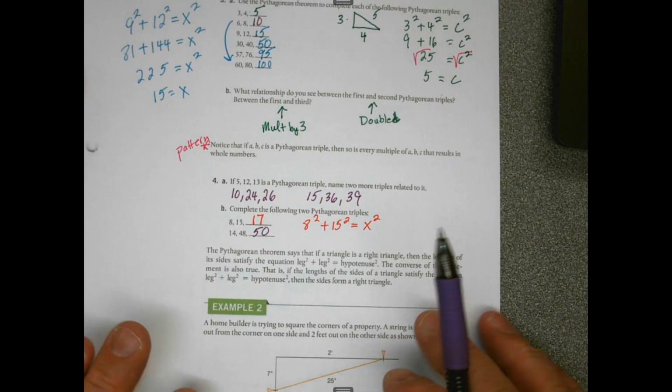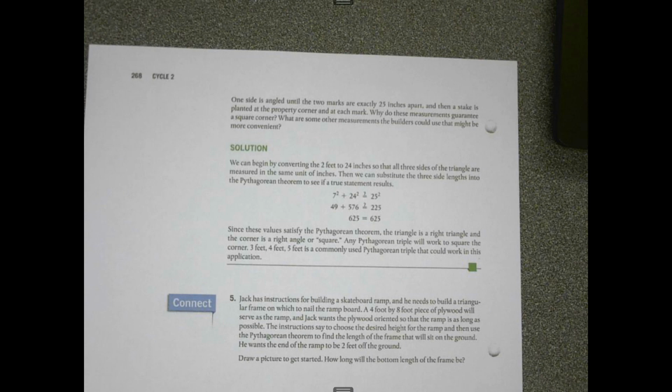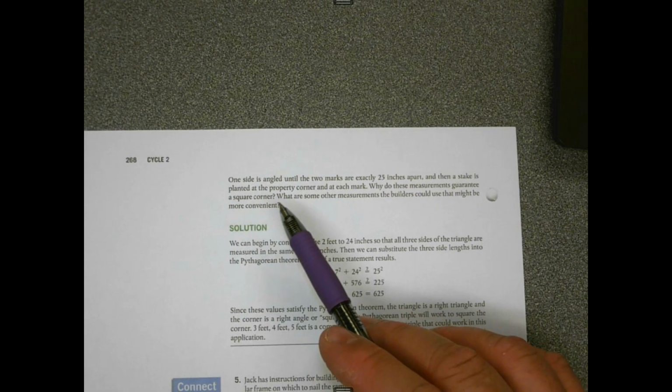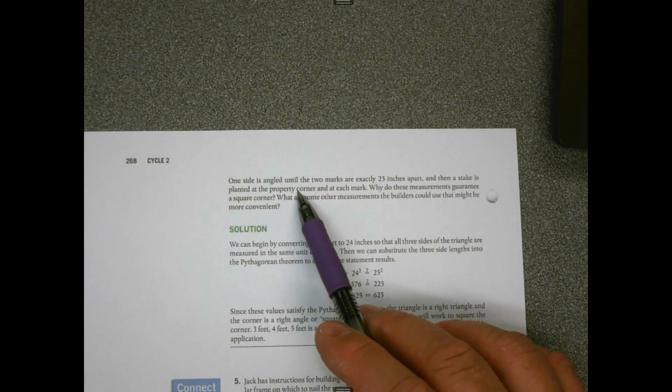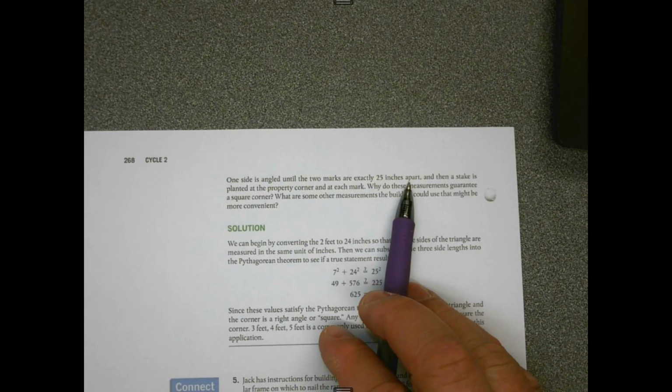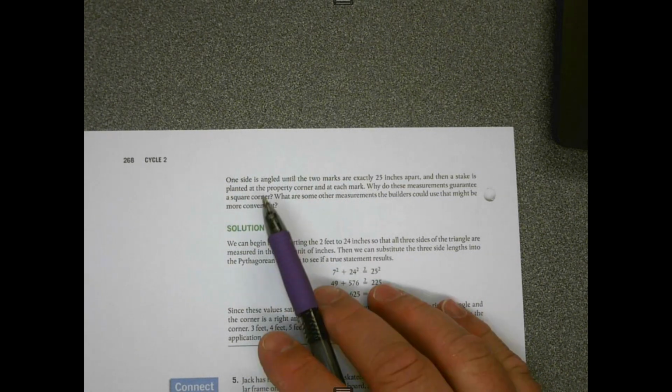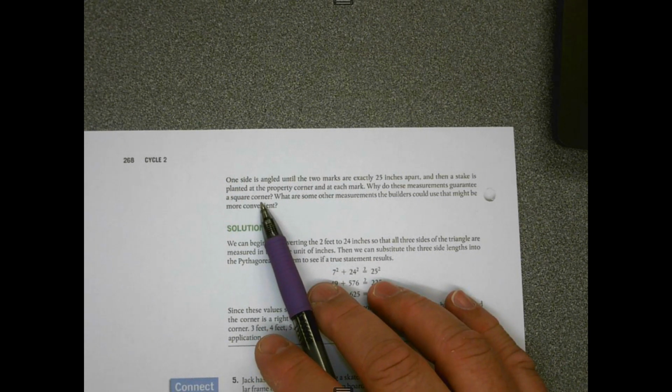Why do these measures guarantee a square corner? Because of the Pythagorean theorem. So in other words, they just have to check to make sure that the 2 sides do in fact equal the hypotenuse squared. So let's do their example word problem.